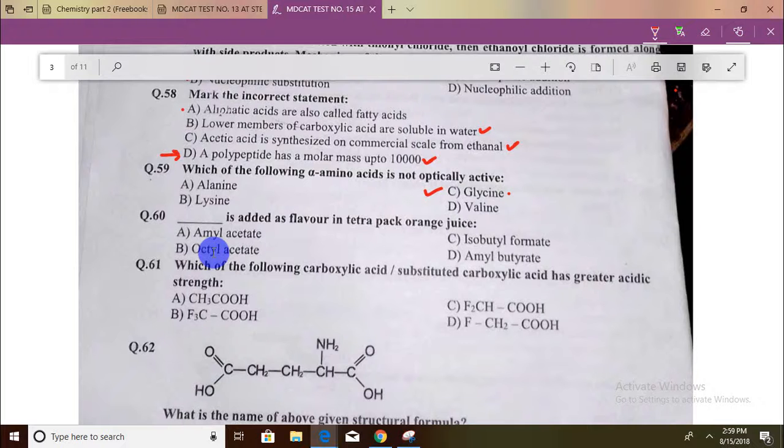So the answer is B, and this is pure memorization. It's on page 257 for those of you who want to check the other ones.